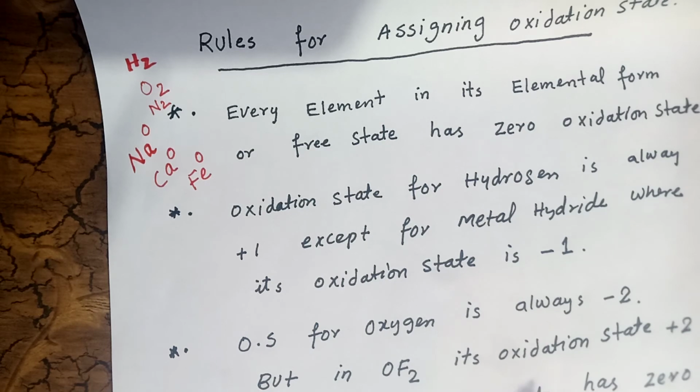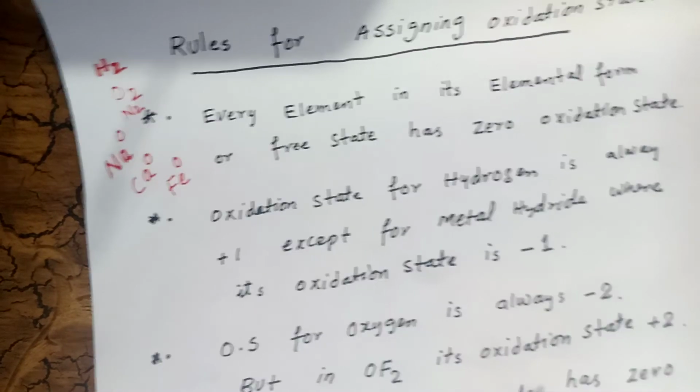The oxidation state for hydrogen, keep in mind, will always be +1. But there is one exception: metal hydrides, where its oxidation state is -1.